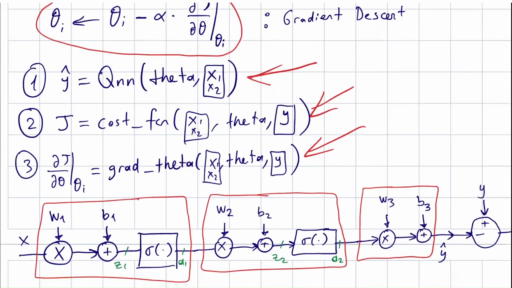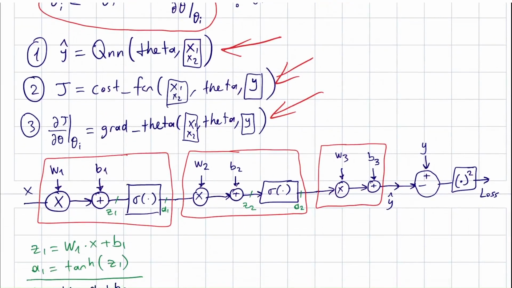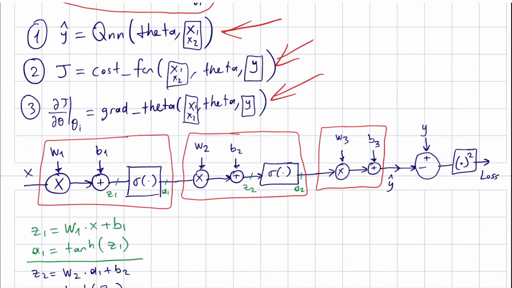Here let's look at our model. If you recall, we have three layers. Here we have x1 and x2, a two-dimensional input vector, and this is layer 1, layer 2, and this is layer 3, the output layer, so we don't have any activation function in that layer.